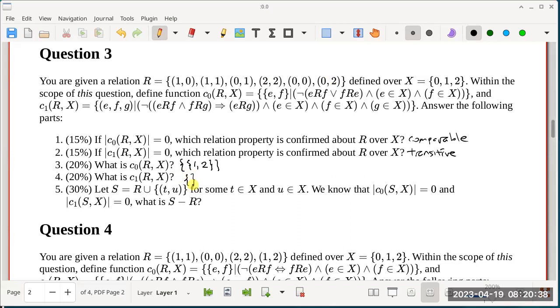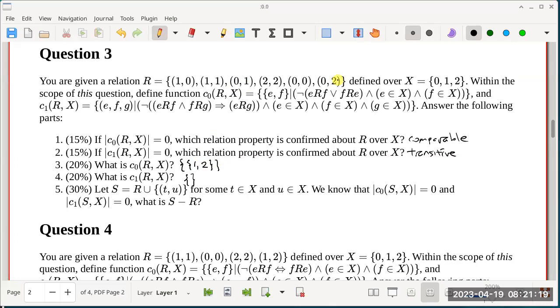So the next question is, what do we add to make it comparable and still transitive? For it to be comparable, we need 1, 2 as a 2-tuple or 2, 1 as a 2-tuple. So we'll figure out which one we should add. If we add 1, 2 here, everything is still good, because then we have 0, 1 and 1, 2, and in terms of being transitive, 0, 2 is here already, so we are good.